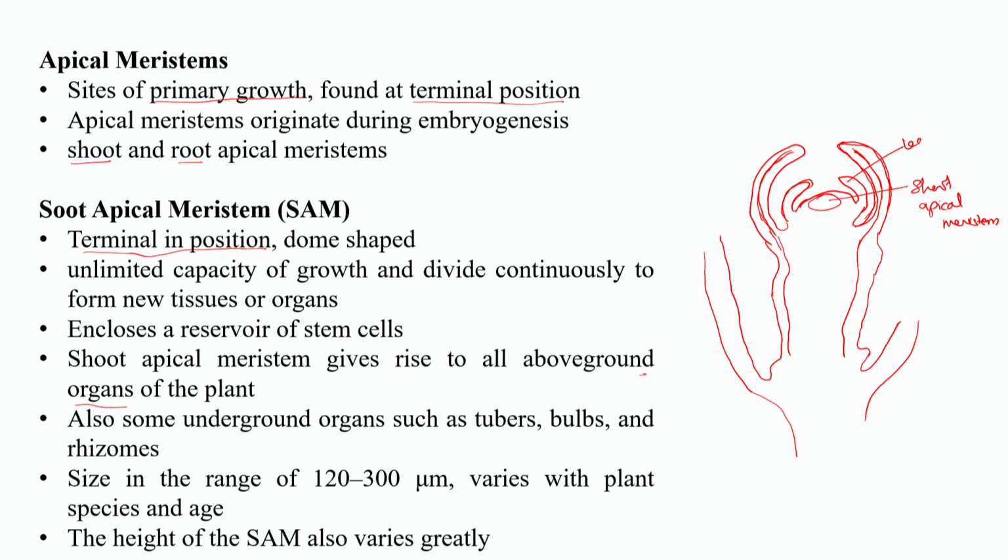You will have leaf primordia. They are all coming out from here, and this is a growing young leaf. These are all coming out from this shoot apical meristem. This is a small axillary bud.